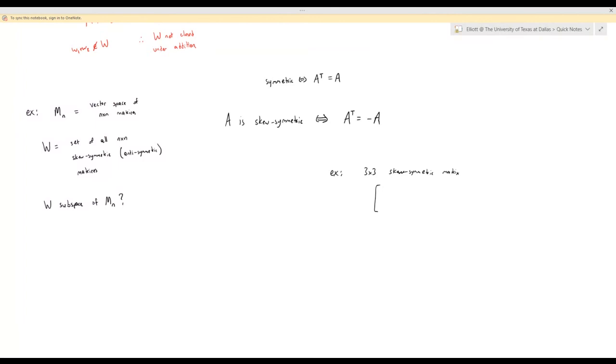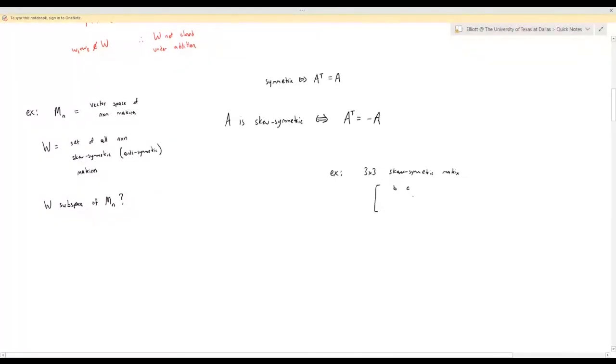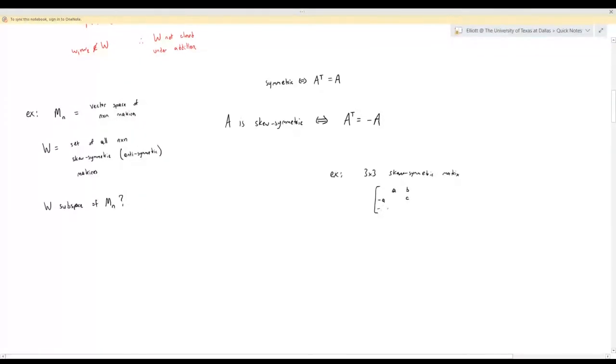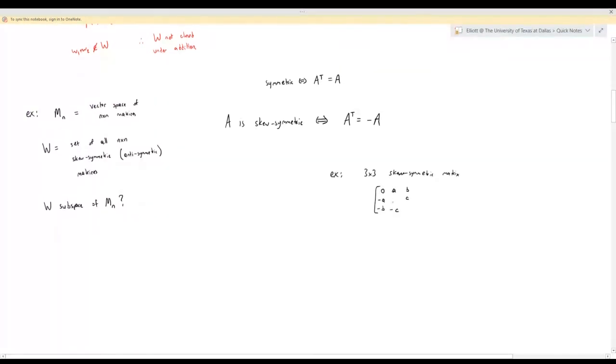For skew symmetric, instead of being the same across the diagonal, it has to be the negative across the diagonal instead. In addition, the diagonal entries for skew symmetric matrices have to be equal to 0.